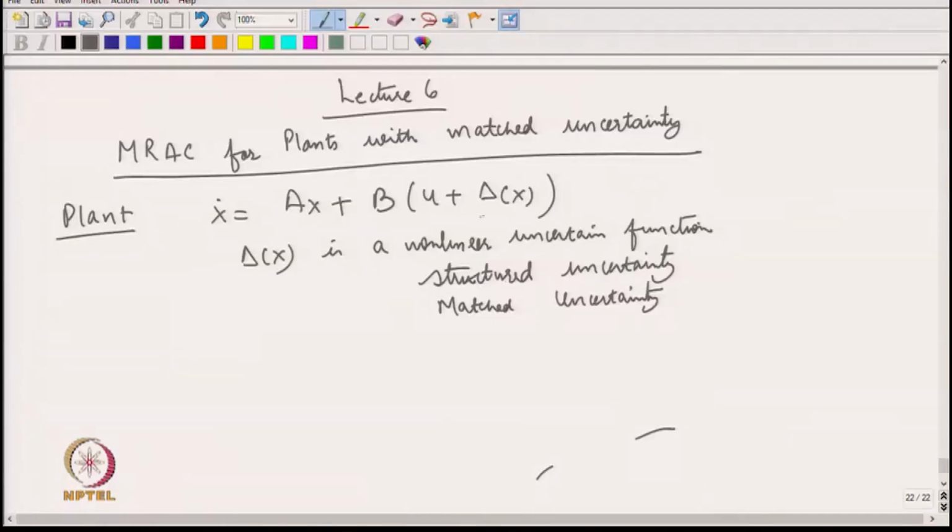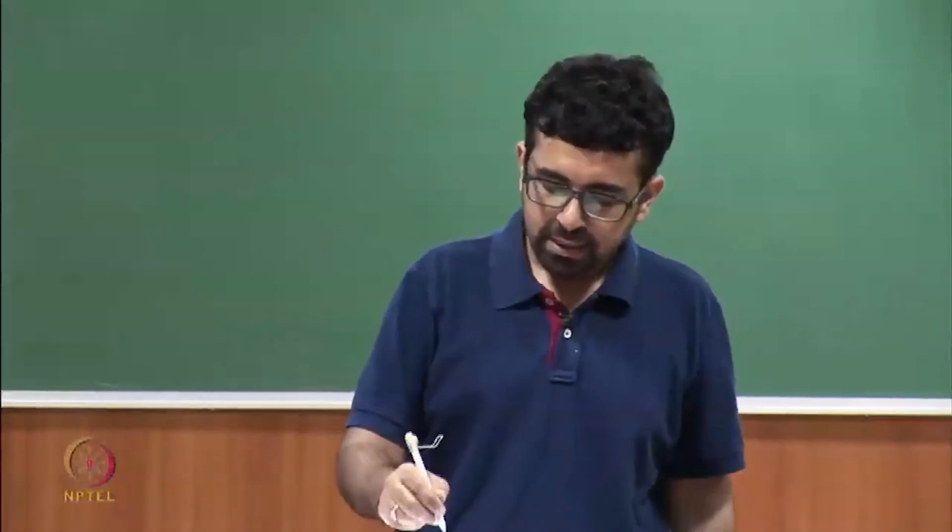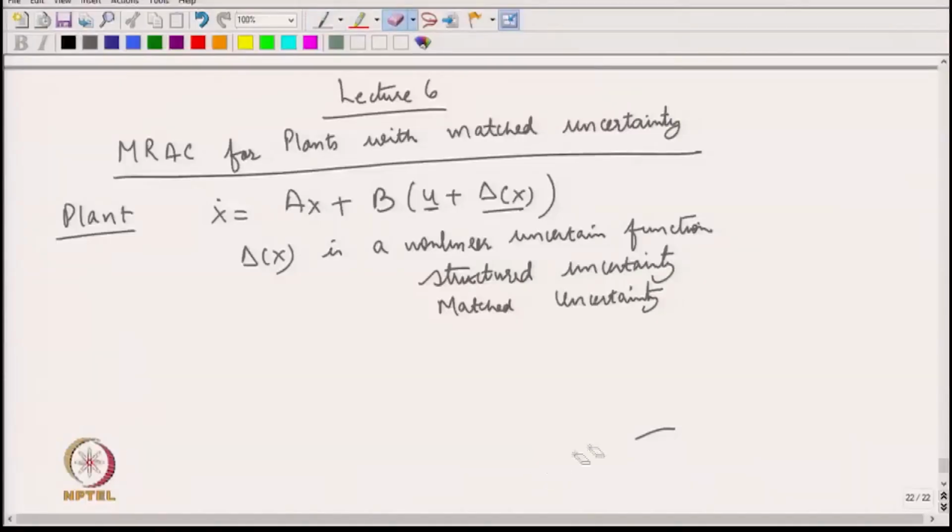Why it is matched is because delta of x occurs in the same channel as the controller. So, using our control input u, we can directly account for the effect of this nonlinear term delta of x. If say we had some term like plus c times delta of x, then that term would be an unmatched uncertainty that would be more difficult to deal with using the control input u.